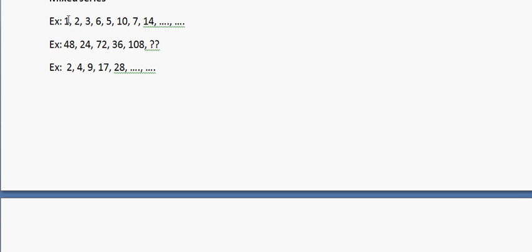But let's do this question first, right? In this question we have two series alternating. So 1, 3, 5, 7, then it has to be 11 right here. Then there is the other alternate, which is 2, 6, 10, 14, and then it has to be 18, right?